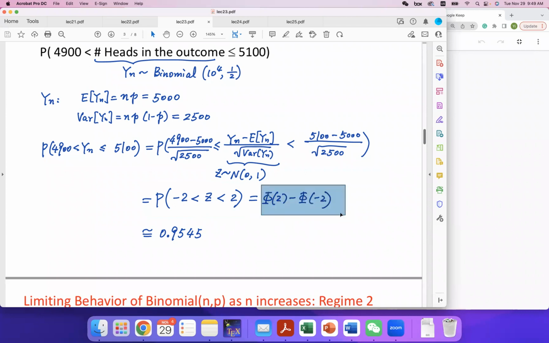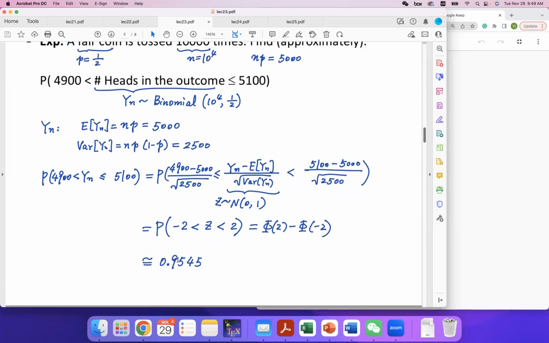By looking at the table of Phi functions, we can calculate that this is approximately 0.95. So basically, with about 95% probability, the number of heads that we observe is between 4,900 and 5,100.